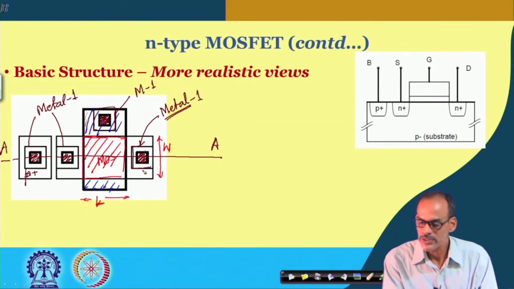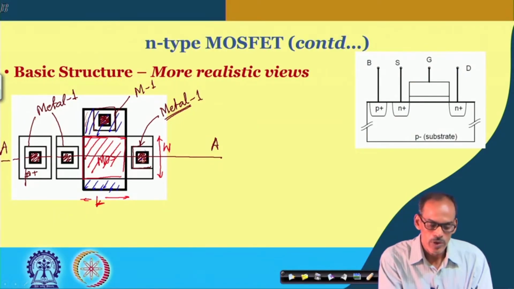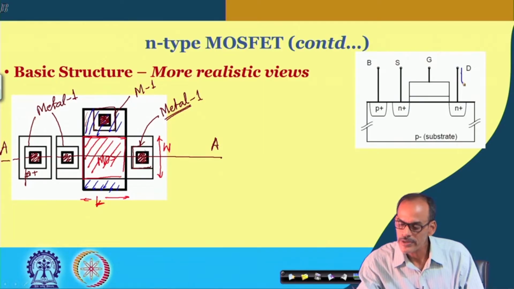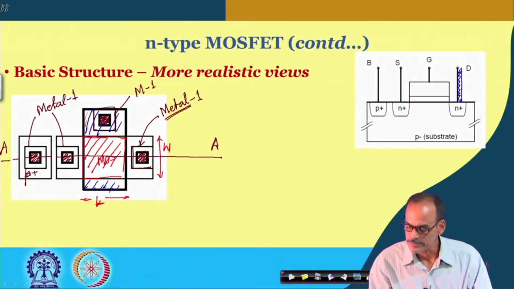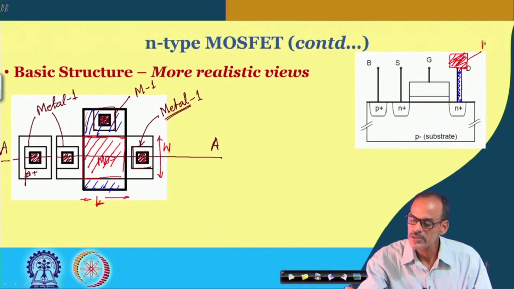Say for example, in the drain region, the contact portion is quite thick here, and then on top of that we have the metal 1. So, you may say that this is metal 1 and this is the contact.